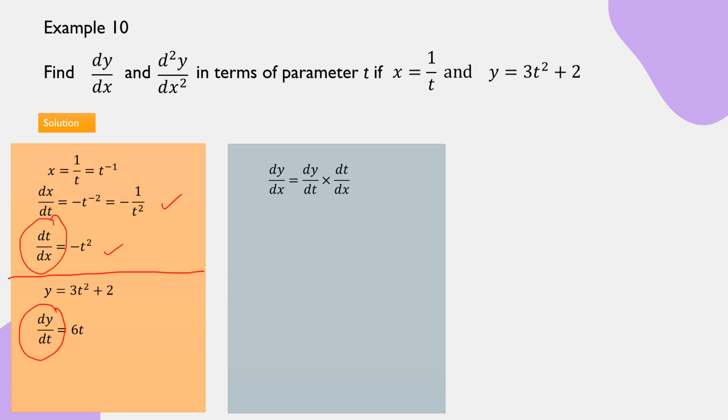Therefore, dy/dx equals dy/dt times dt/dx. dy/dt equals 6t, and dt/dx equals negative t squared.